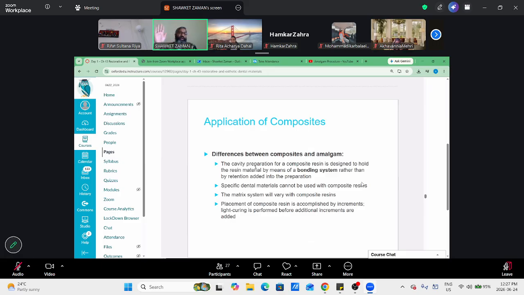Then we gradually put the composite filling material increment by increment. If it is self-cure, they will react with each other. If it is light cure, we need to apply the light. If it is dual cure, we have to give some time for them to react, and then finally give the light. So that's why the composite restorative procedure is a bit more complicated than the amalgam procedure.